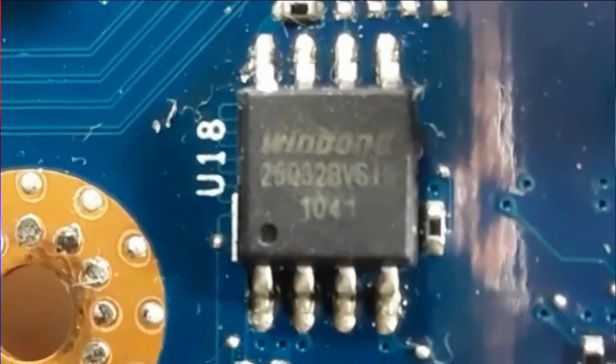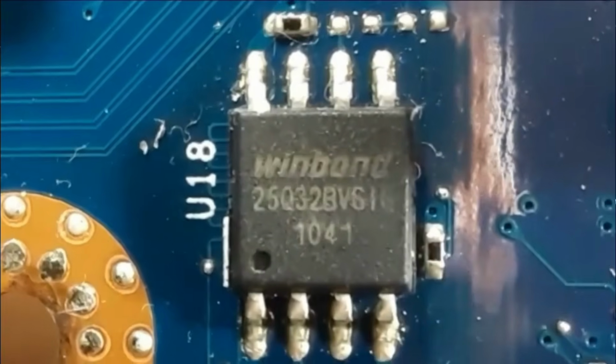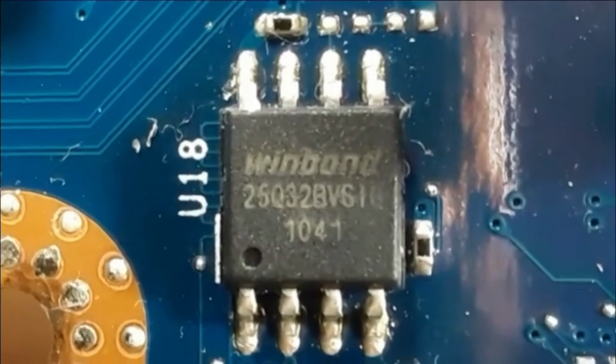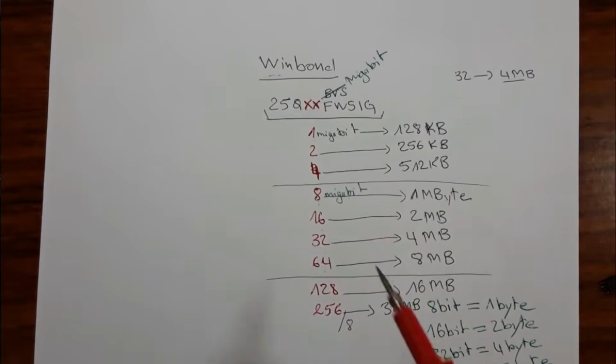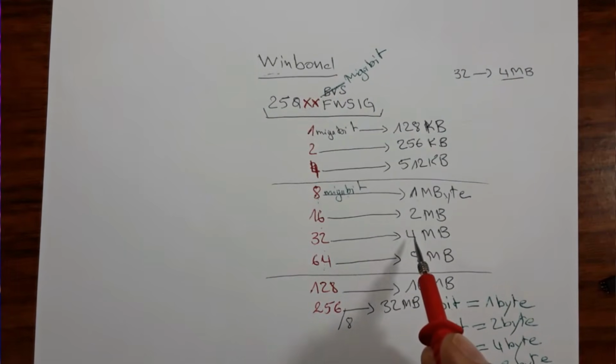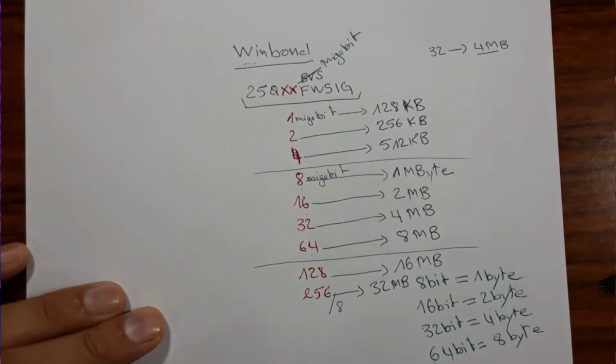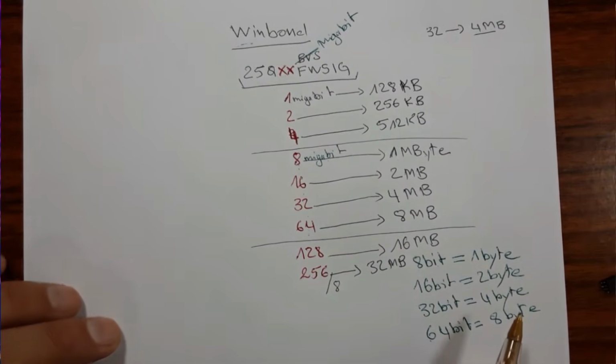Okay, so let's check again. We have 25Q32. 32 megabit means 32 divided by 8 equals 4 megabytes. So this is the working principle of the BIOS sizes.